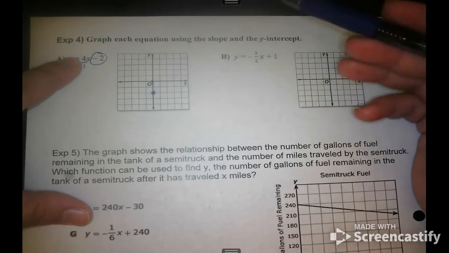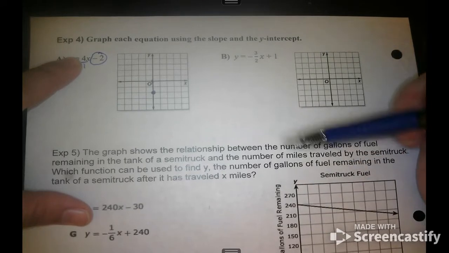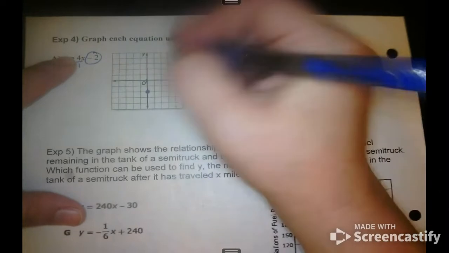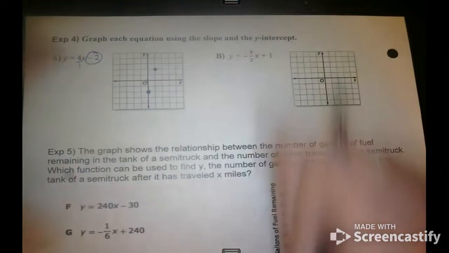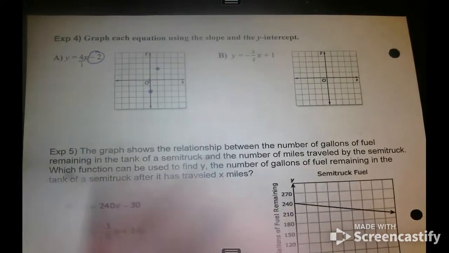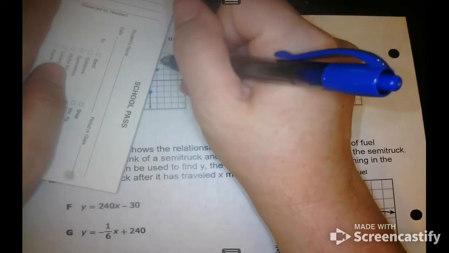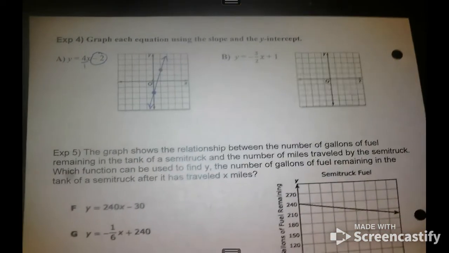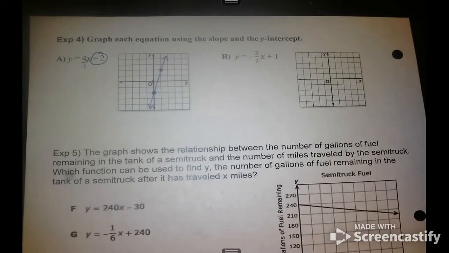But in rise over run, 4 is my rise. So I go up 4: 1, 2, 3, 4, and over 1. And that's it. There's my graph. I just have to connect the lines. Not too bad.